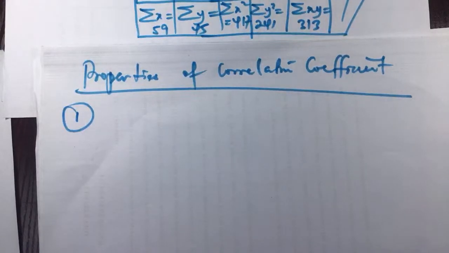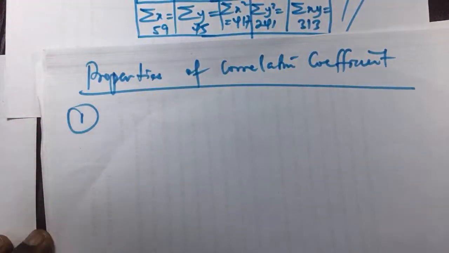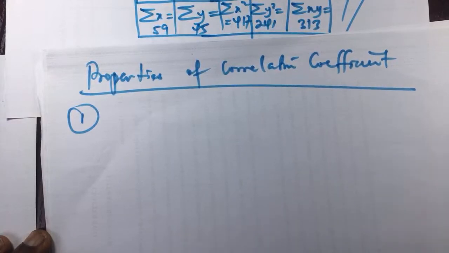Now that we know that R represents correlation coefficient, what does property number 1 say? The value of R is the same irrespective of which of the two sets of data we label X and Y. That is property number 1. What that means is this: whether you choose X as your dependent variable or Y as your independent variable, the value of R remains the same.